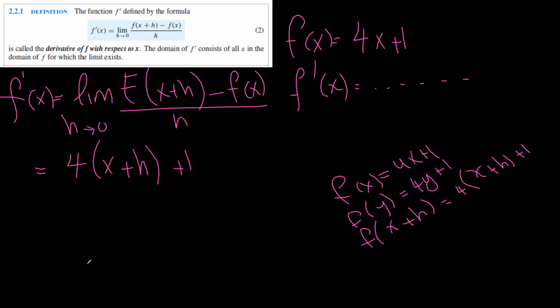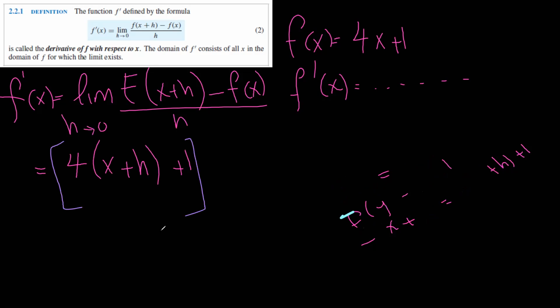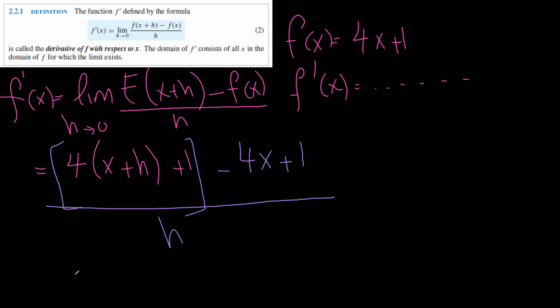This is for the first one. Is it right? Yes. Okay. So this one is only for f of x plus h. Now what about f of x? I will keep it as it is, over h. Okay, limit when h approaches 0.